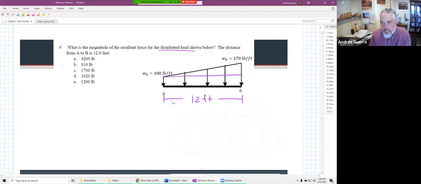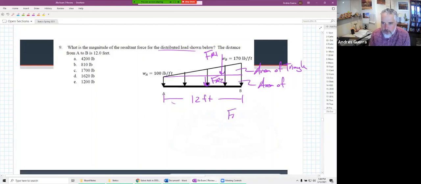We break it up into, for a trapezoid, a rectangle and a triangle. It's just the area of the triangle and the area of the rectangle, and that's going to give us an FR1 at the centroid of the triangle and FR2 at the centroid of the rectangle.